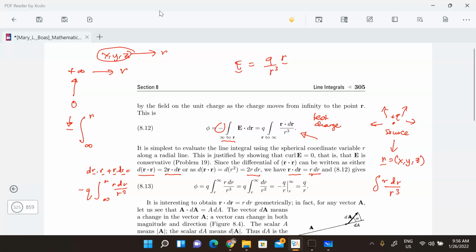But because of the minus sign, we can swap your infinity with r over here, so the minus sign has been included there. So finally, what gives you the answer? It gives you this particular integral, the potential.